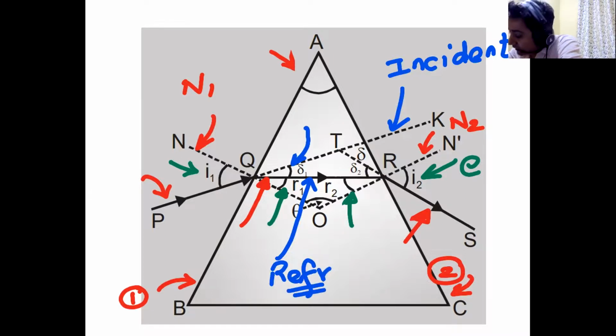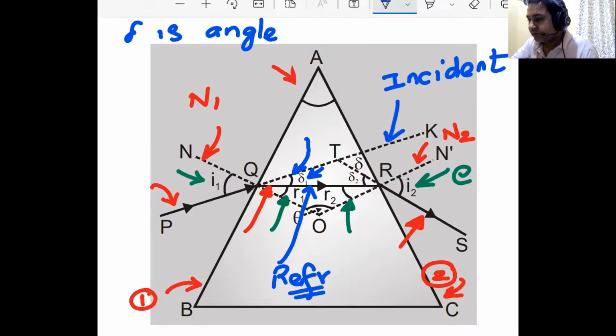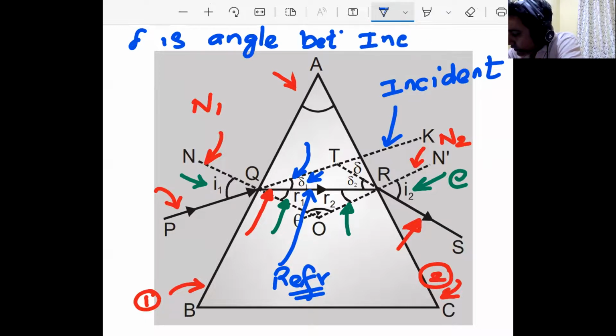So this delta is the angle between what? I hope you can see this. Delta is the angle between incident ray and refracted ray. Very good.